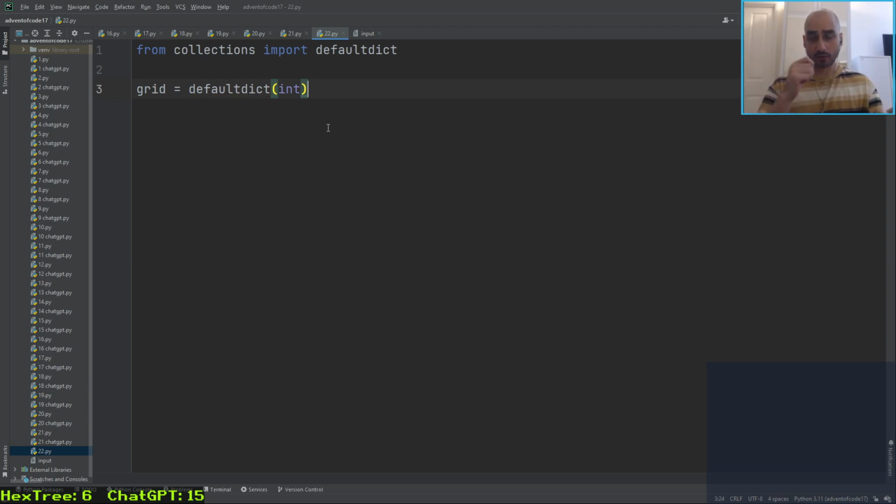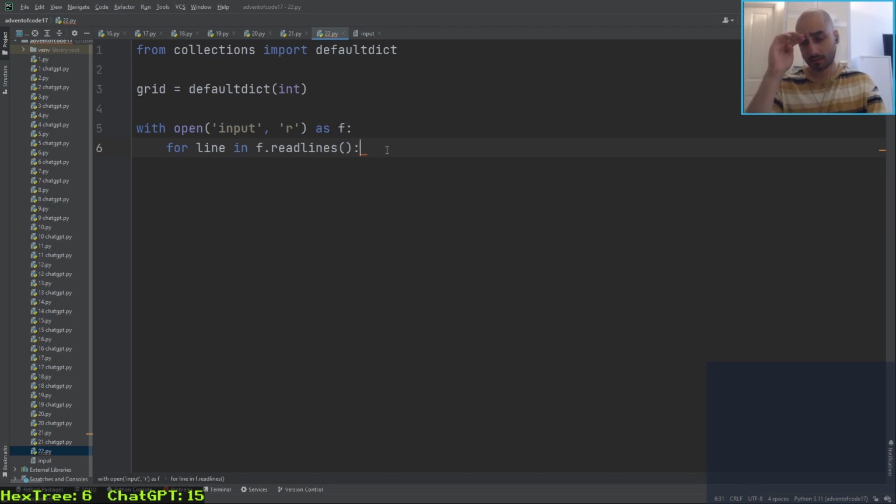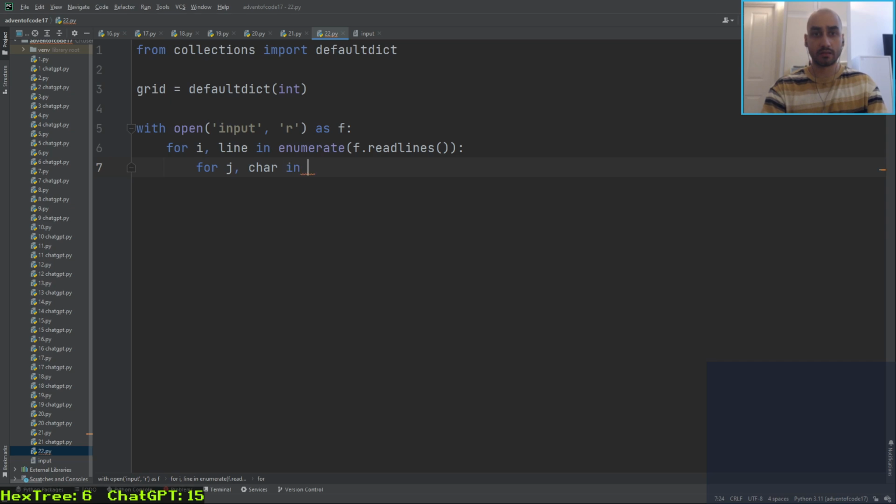So everything starts at 0, which means clean. So we open the input, for each line, let's say for i, line in enumerate, for j, char in enumerate line dot strip. Okay.